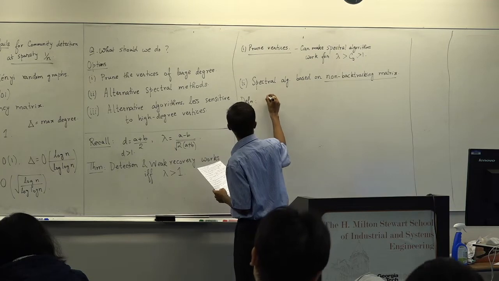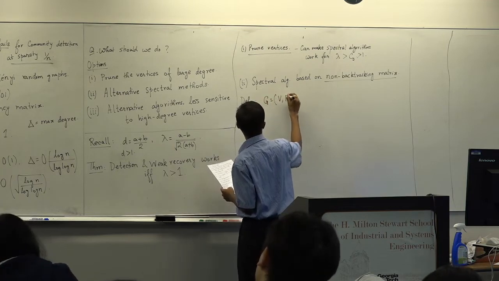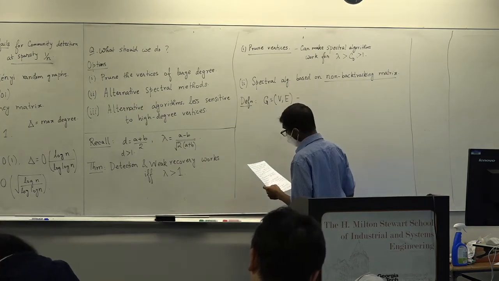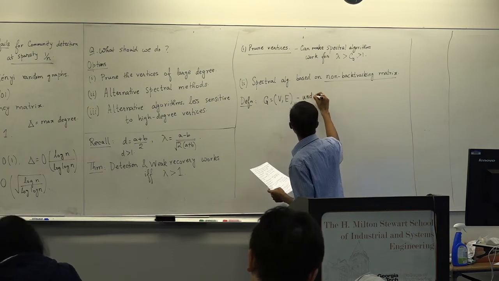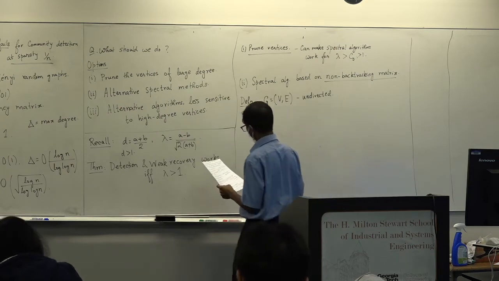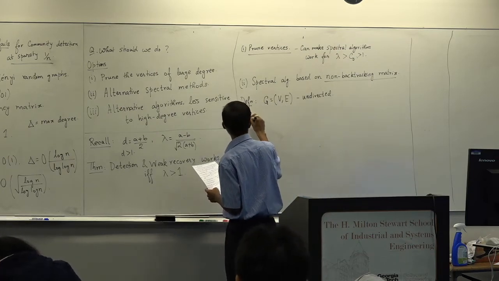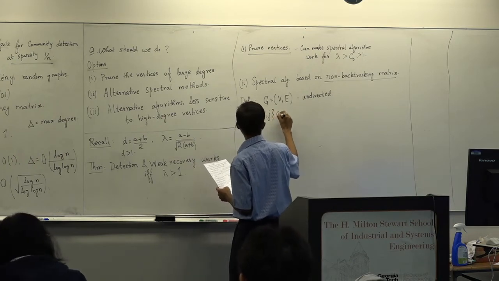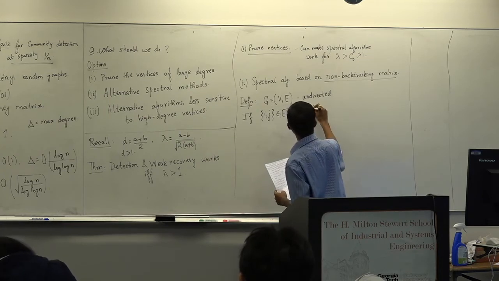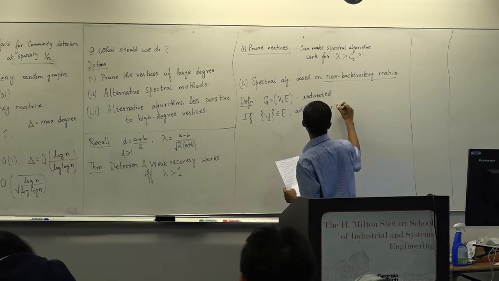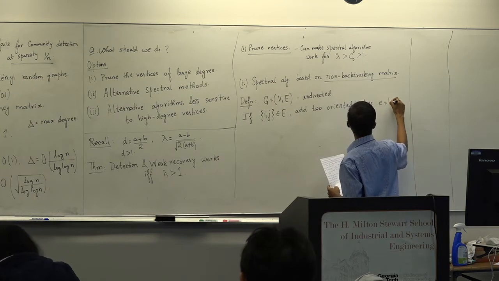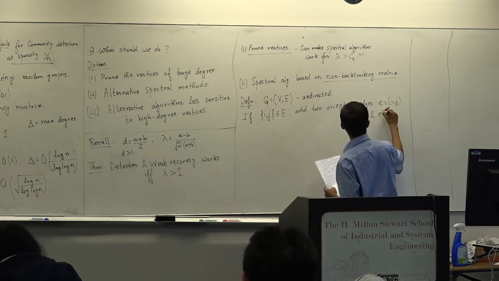So I give you a graph G with vertex set V and edge set E, and this is undirected, generally, so far for us. So what we do is that first, if ij is an edge, then we add two oriented edges: E, which is the edge ij, and E inverse, which is ji.